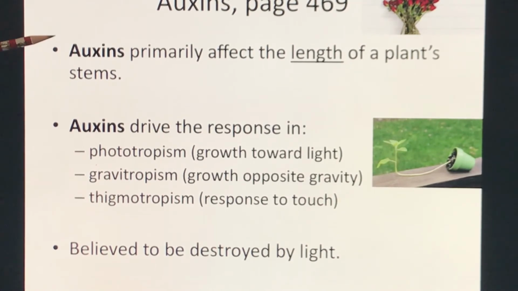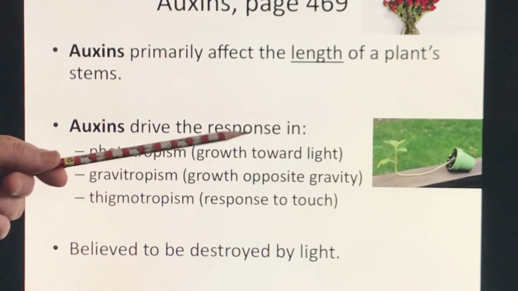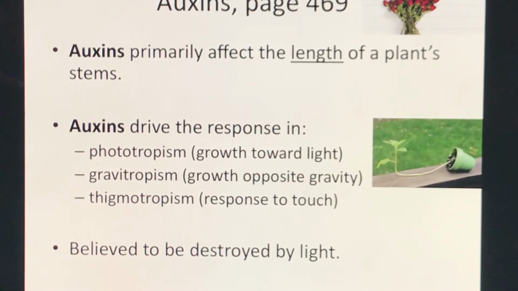Auxins primarily affect the length of a plant's stems, and they drive the response in phototropism. Photo has to do with light, so that's growth toward light. Remember how plants will grow toward the light. And then gravitropism. This part is referring to gravity.